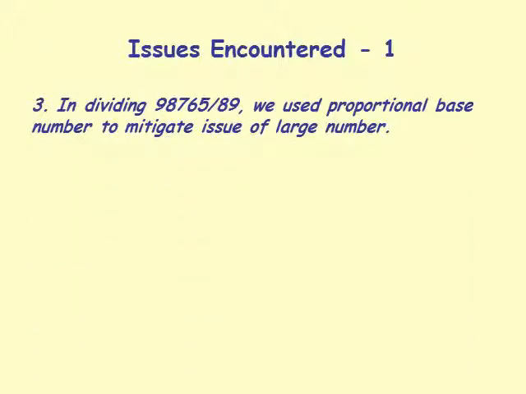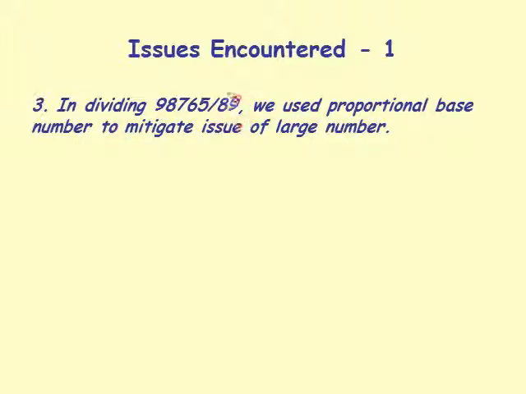Then the issue was manageable after we used these two. Again, in dividing 98765 by 89, when we used the base number of 100, we were getting larger numbers in the quotient and also in the adjustment positions. But we used the proportional base number to mitigate the issue.